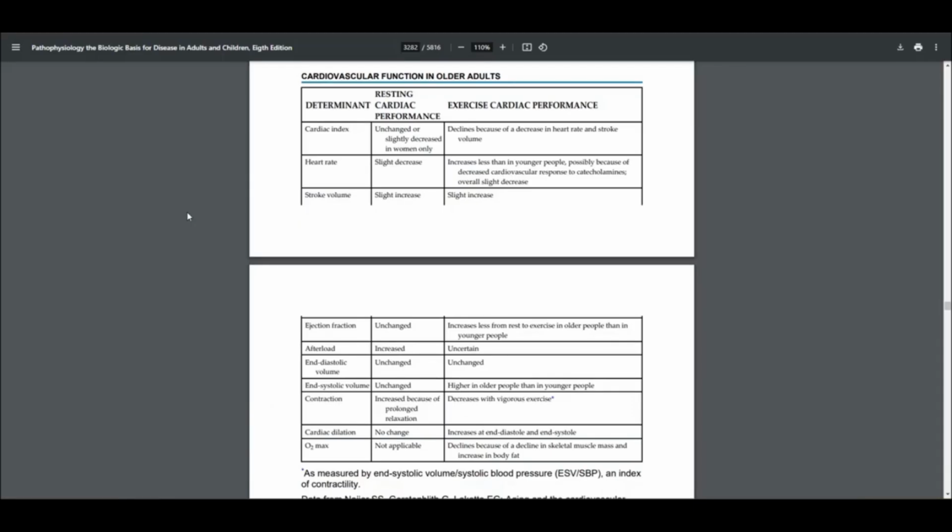Your contraction at rest is increased because of the prolonged relaxation, whereas with vigorous exercise it is decreased. Your cardiac dilation has no change at rest, but has an increase with exercise at end diastole and end systole. Your VO2 max is unchanged or not applicable at rest, but it declines because of a decline in skeletal muscle mass and an increase in body fat.